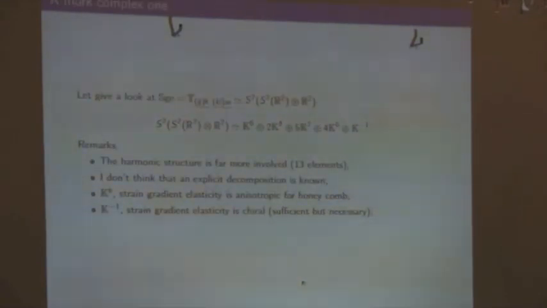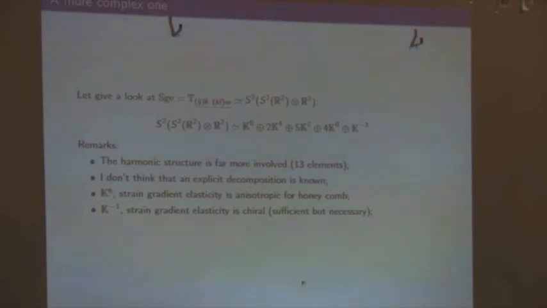Okay. So here is another example, if you want to do the computation: the structure of the tensor involved in strain gradient elasticity in 2 dimensions. In this case you get 13 different elements and not just 4. So the structure of this 6th-order tensor is much more involved than the one for classical elasticity.